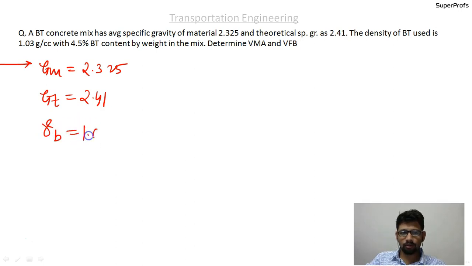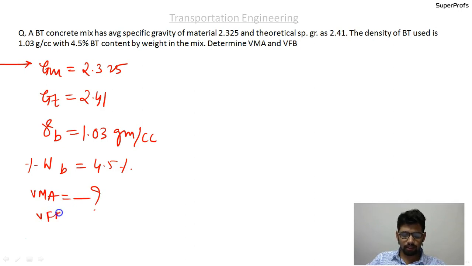Gamma B is given to be 1.03 gram per cc, with 4.5% bitumen content by weight of the mix. So percentage bitumen is 4.5%. Determine VMA and VFB. VMA is equal to what and VFB is equal to what? Okay, this is the question.